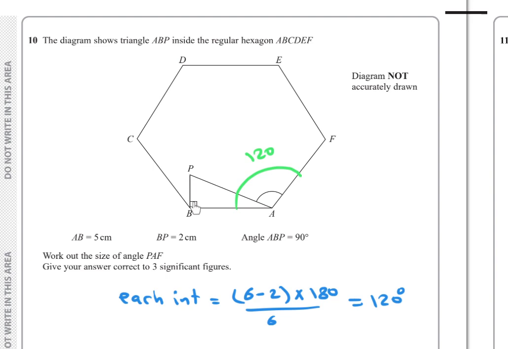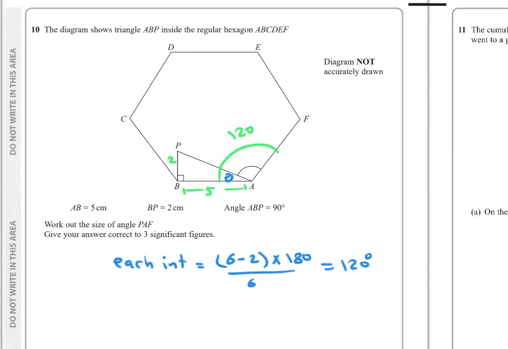We have the opposite, which is 2, and the adjacent for the angle, which is 5. So we can find this angle, theta.